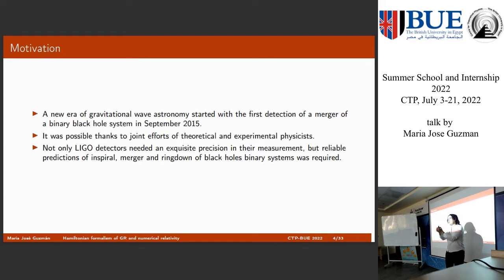Yeah, and when they merge, this is a very energetic process, so it emits a lot of energy. Therefore, it was one of the first things detected, only 7 years ago.